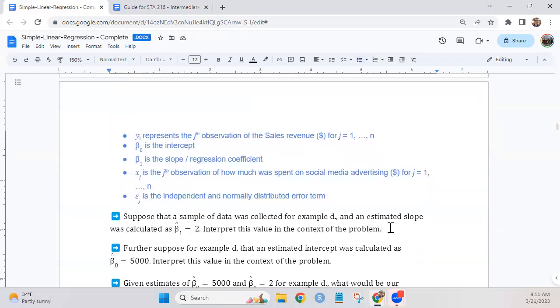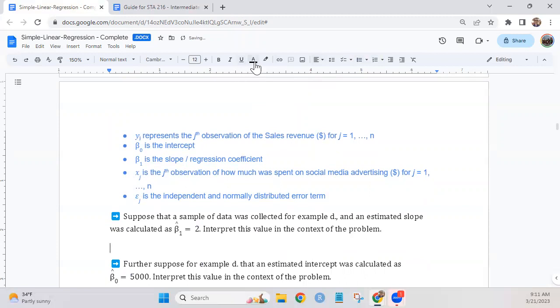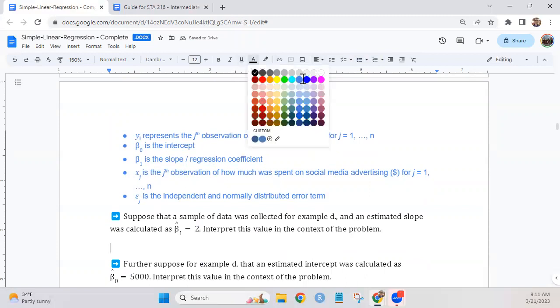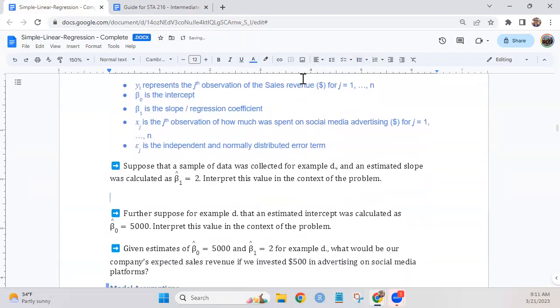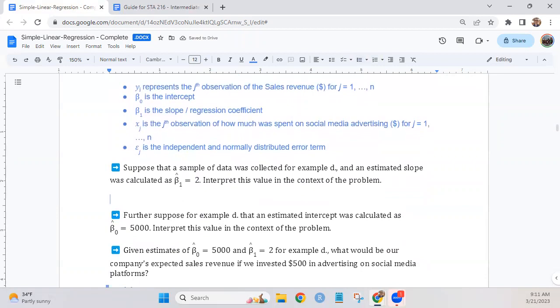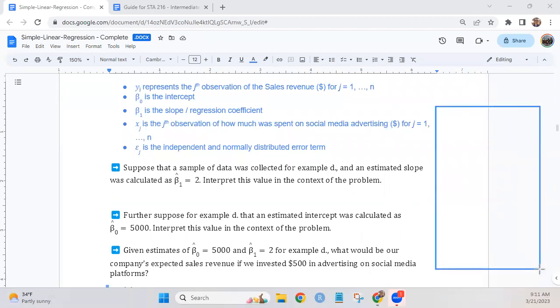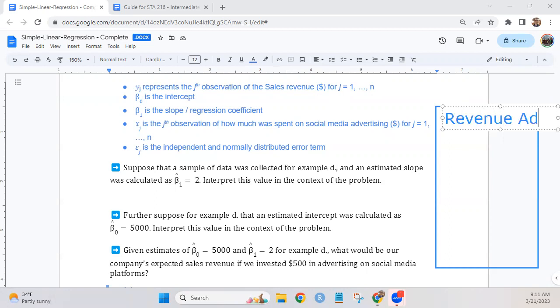And so, yeah, let's assume that we had data on this. Okay, so we had something that looked like, we had revenue, and then we had advertising expenses.